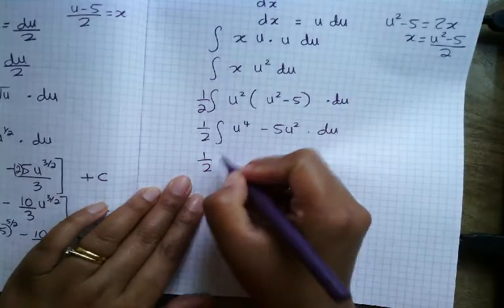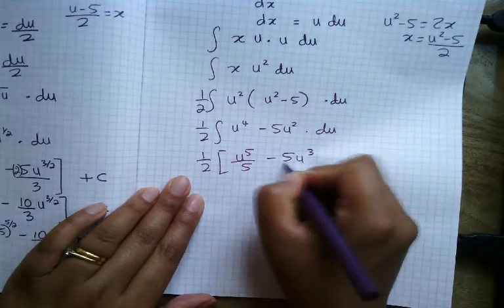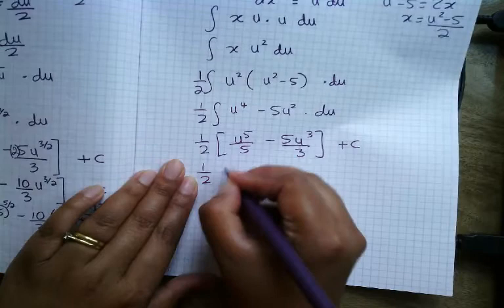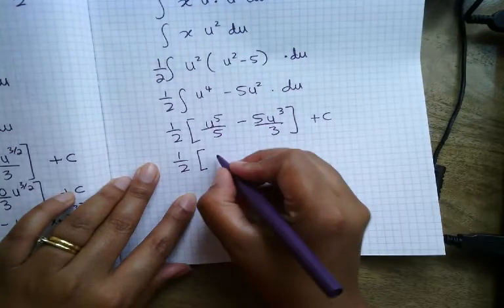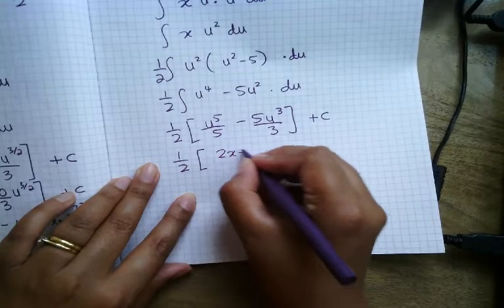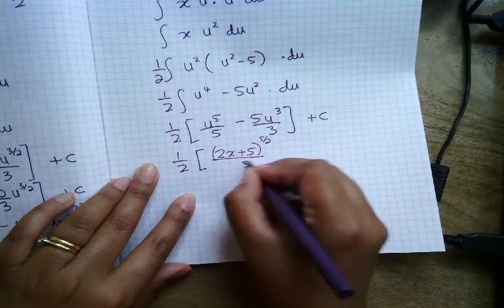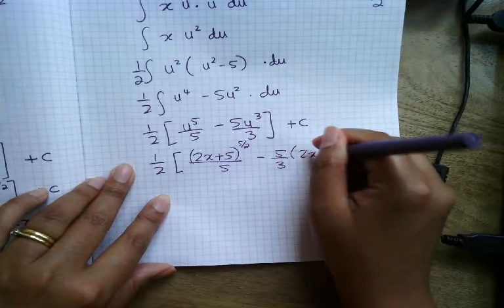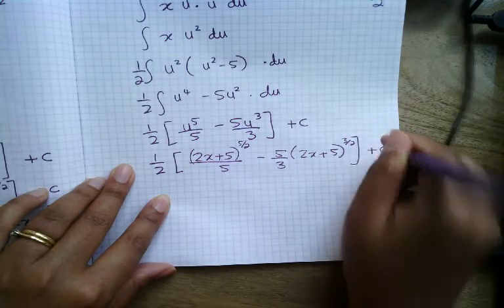So you're going to have half u to the 5 over 5 minus 5 u cubed over 3 plus c, and then put back your substitution. So you are going to have (2x plus 5) to the power 5 over 2, over 5, minus 5 over 3 (2x plus 5) to the 3 over 2, plus c.